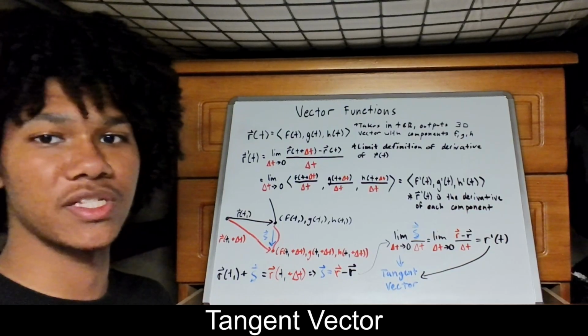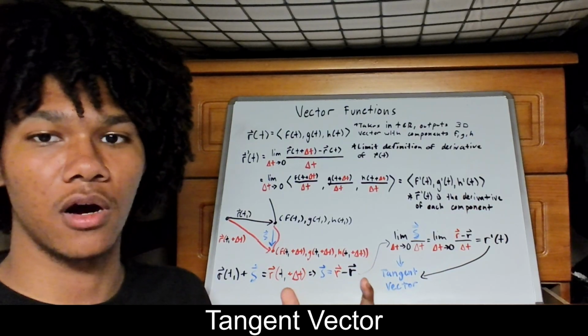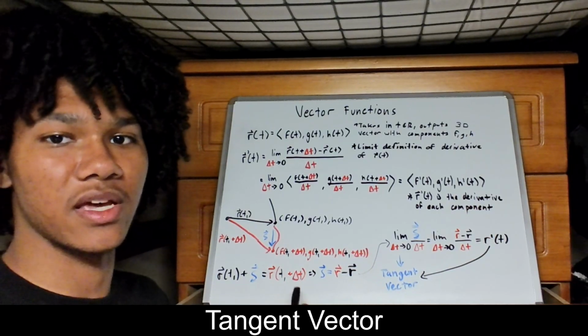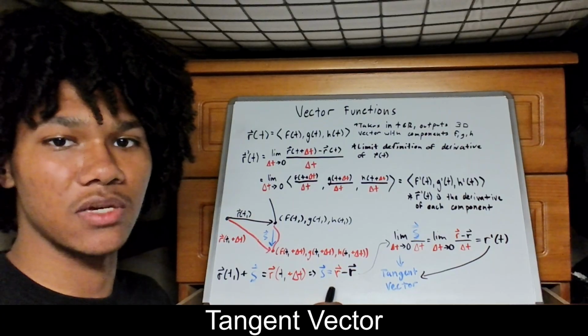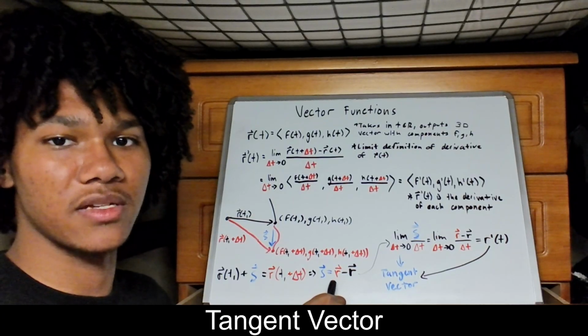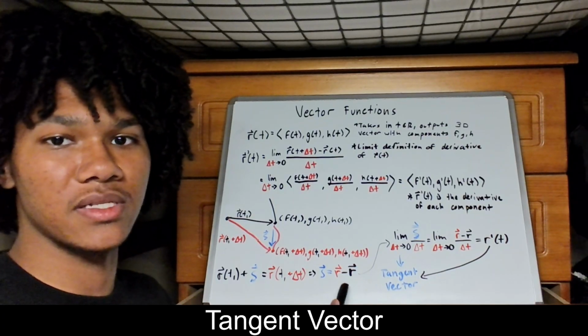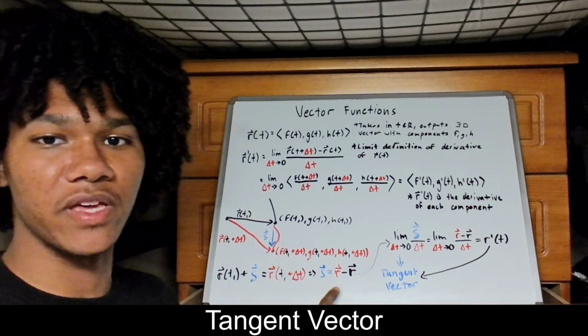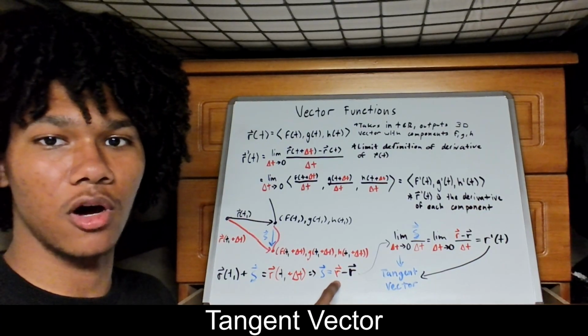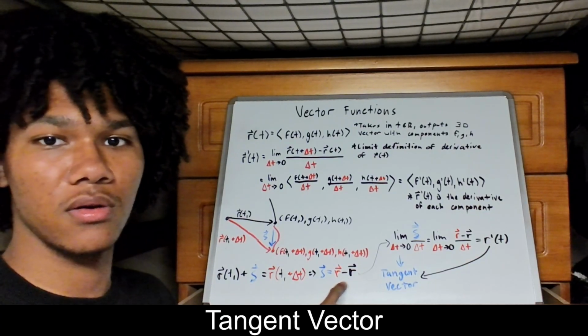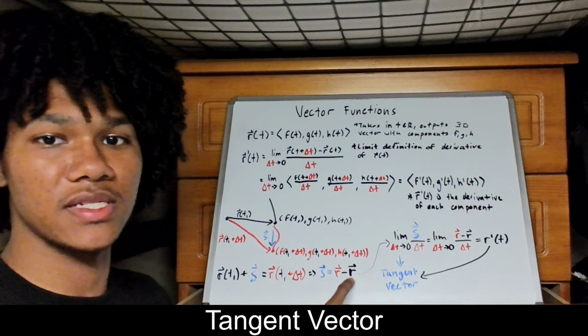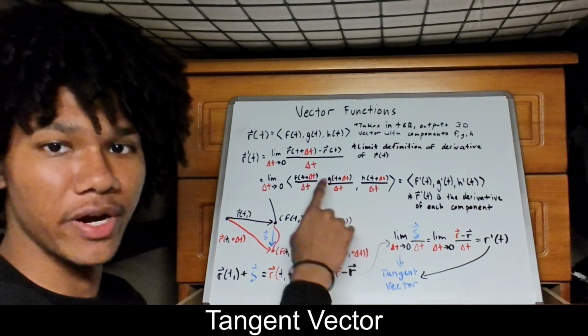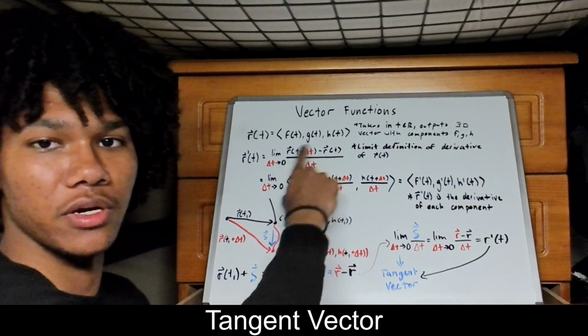I'm going to rearrange that in terms of our secant vector. That's just saying our secant vector is equal to our second vector minus our initial vector. What's convenient is that the right side, the second r minus the first r, shows up in the numerator of our difference quotient here.